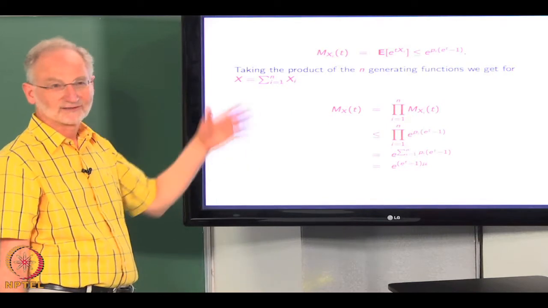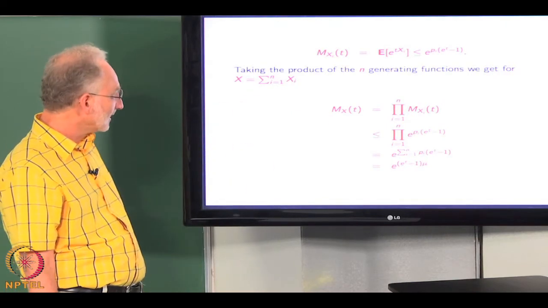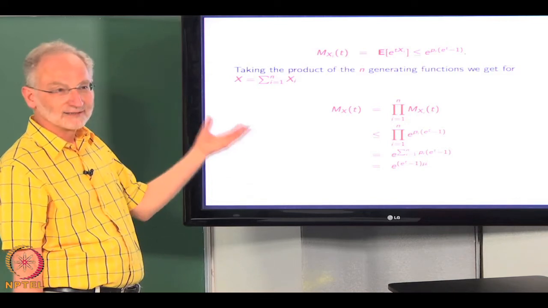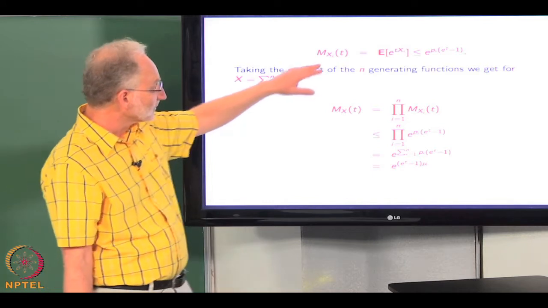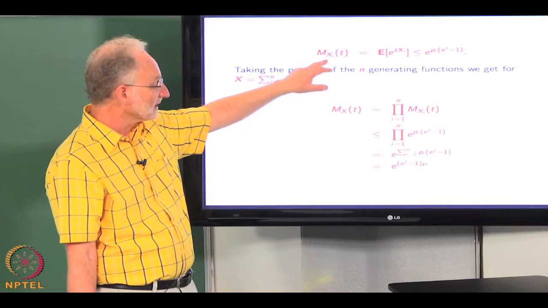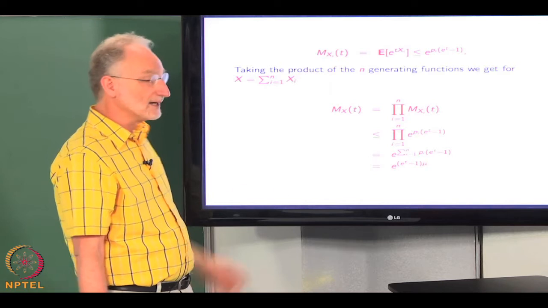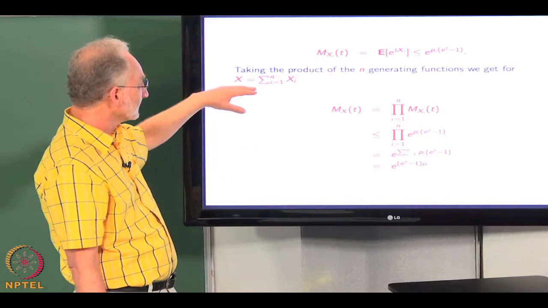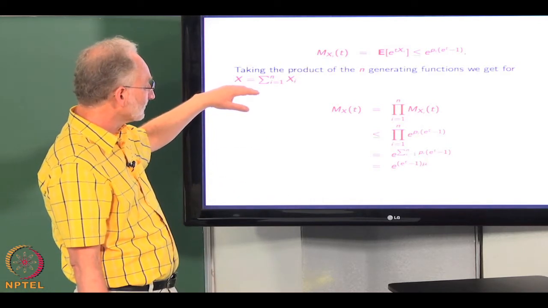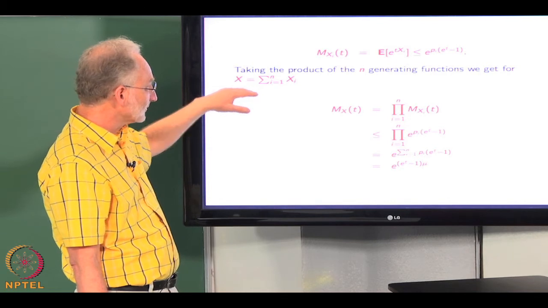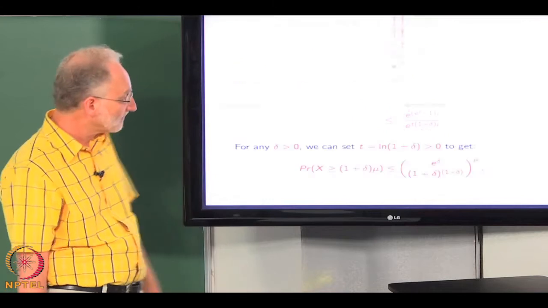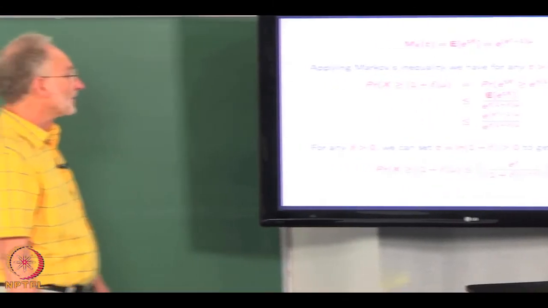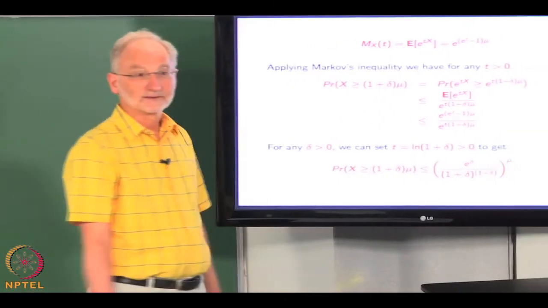It's all on the slides, if not in the book. I want to give you the high-level idea and not get into the real computation. After computing the moment generating function of each Xi, I use the fact that the Xi are independent, so the moment generating function of the sum is the product of the moment generating functions. So now I've finished one part.